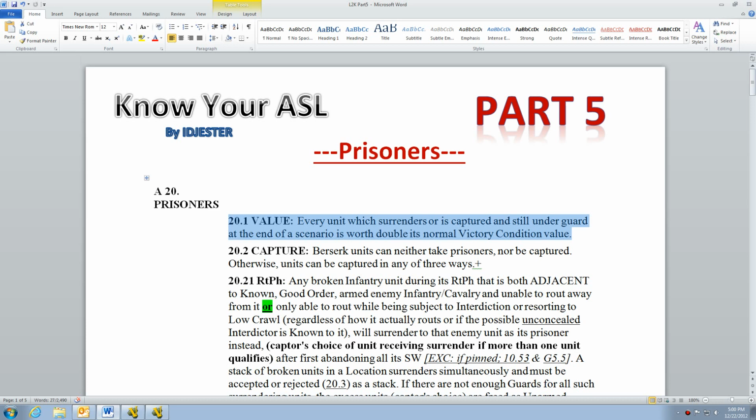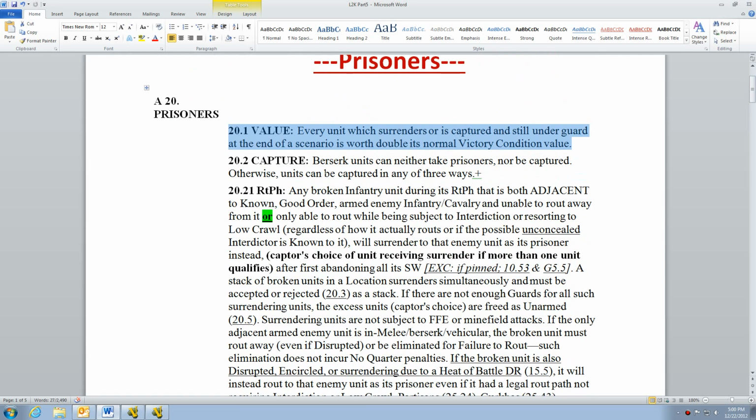So if you're especially playing with a scenario in which victory points is the key element to the victor of the side, taking prisoners can severely help you with that scenario because all of your surrendered units that are still under guard at the end of the scenario are worth double their normal value. Remember, berserk units can't take prisoners nor be captured.